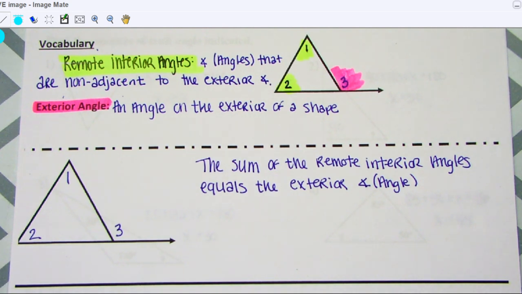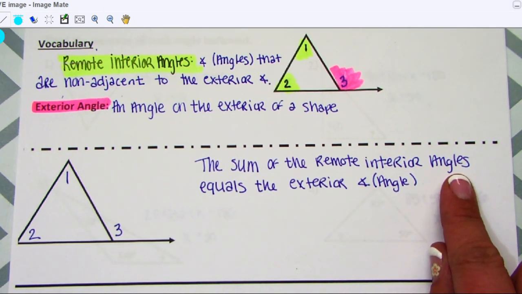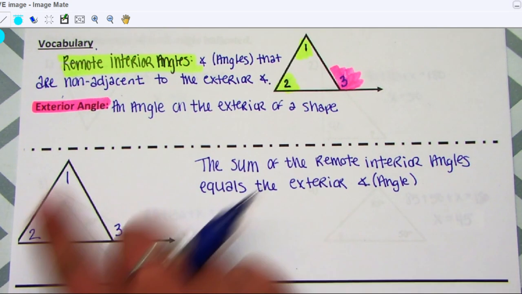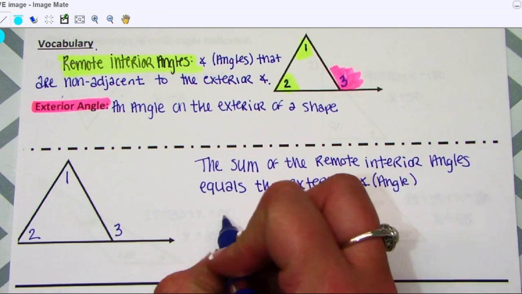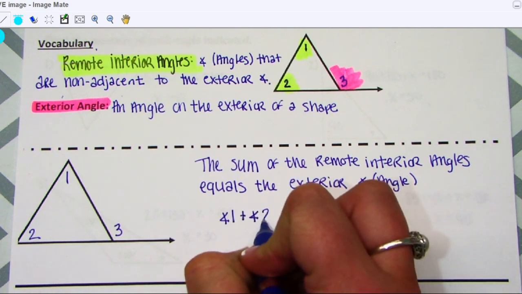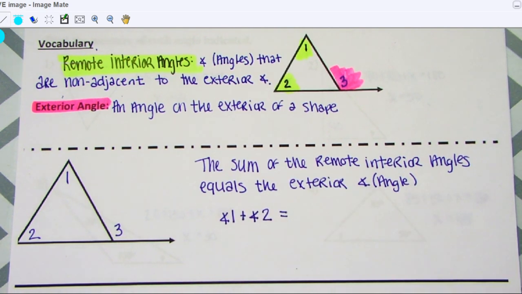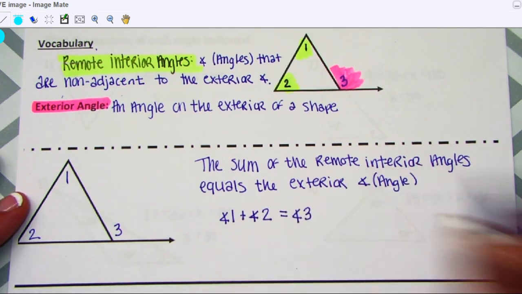So to make our equation, what numbers represent our remote interior angles? 1 and 2. So the sum of angle 1 and 2, so we're going to write angle 1 plus angle 2 equals the exterior angle. So what number is exterior? 3. Angle 1 plus angle 2 is going to equal angle 3.